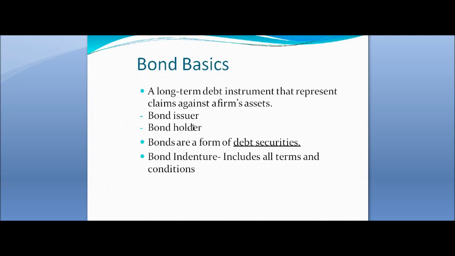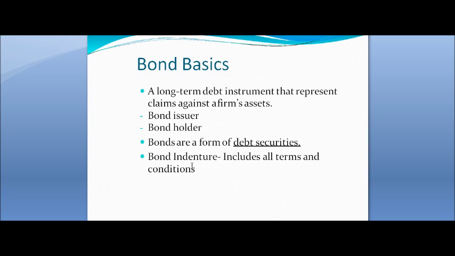So we can say a bond is a contract between the bond issuer and the bond holder. The bond issuer can be a business corporation or it can be a government. The details of the bond are spelled out in a contract called the bond indenture, which is a legally binding document.